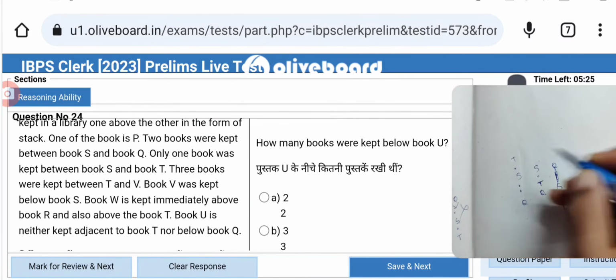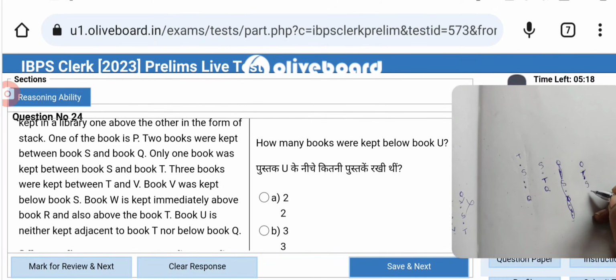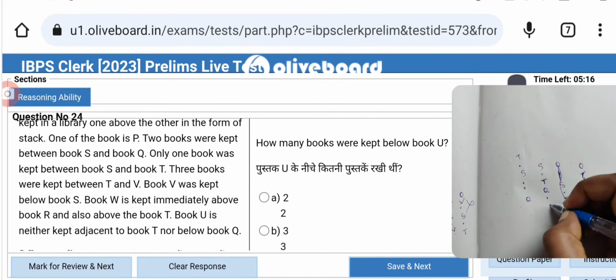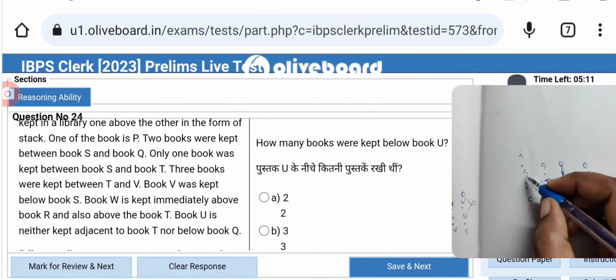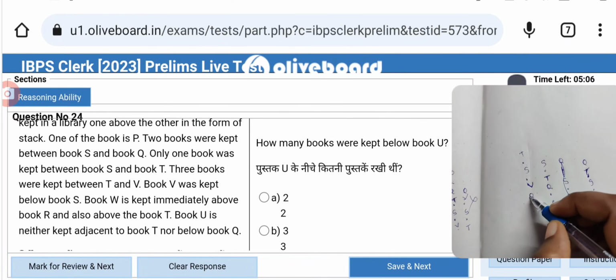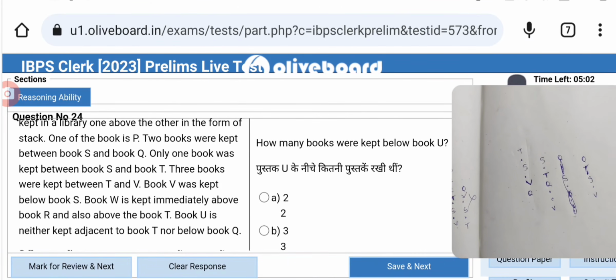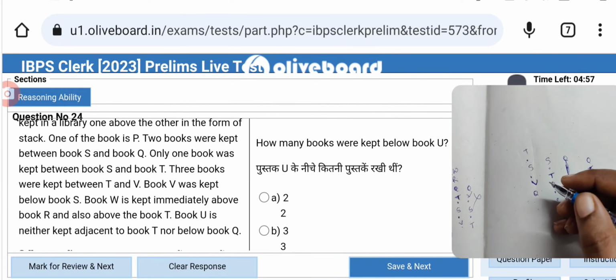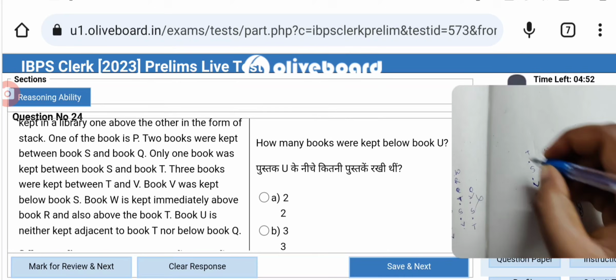Next, 3 books between T and V. Next, W is immediately above O, and also above T. 4, 5, 6.